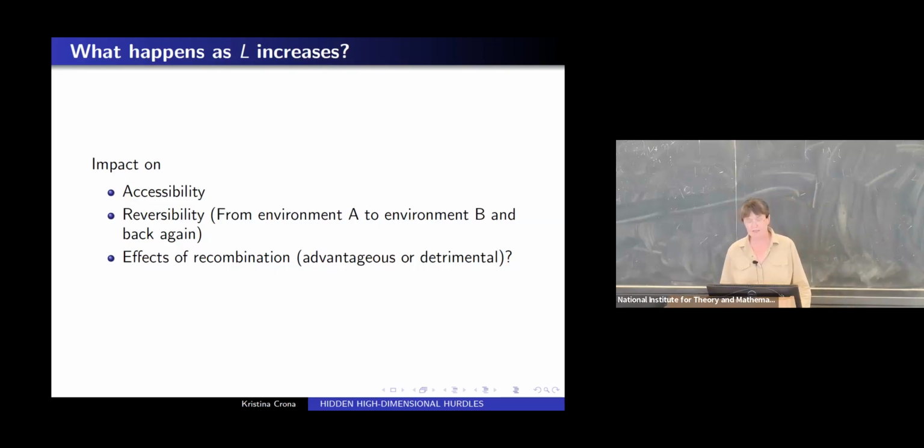When it comes to accessibility in biology, it's very popular that people believe that if L is high, then accessibility is extremely good. And that comes from almost a caricature where people say that the worst thing we can do is to assign fitness randomly.